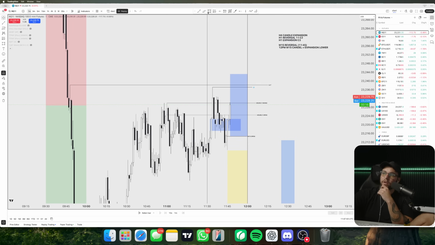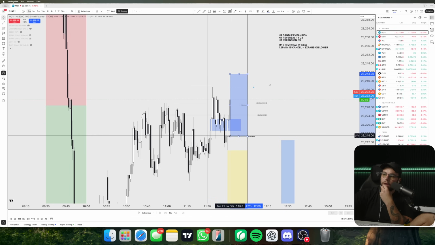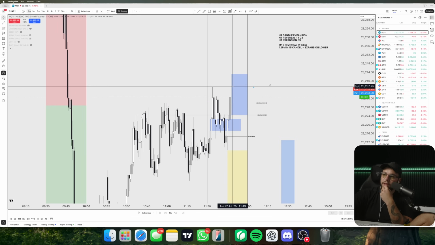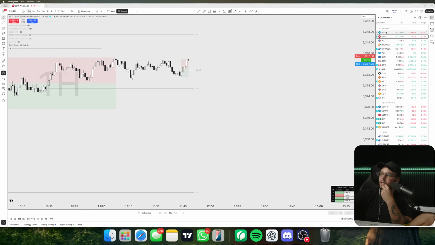And then all we really need to see is a lower time frame inversion above the hourly open, above the M15 open, with that sweep in mind. It's ES trading above it already.